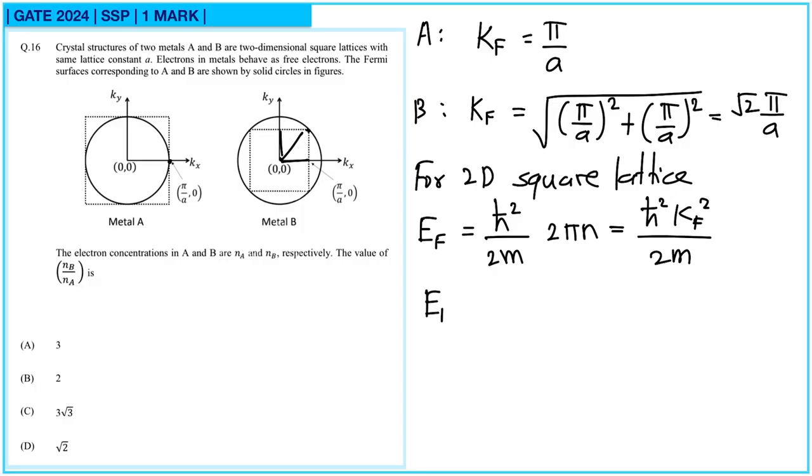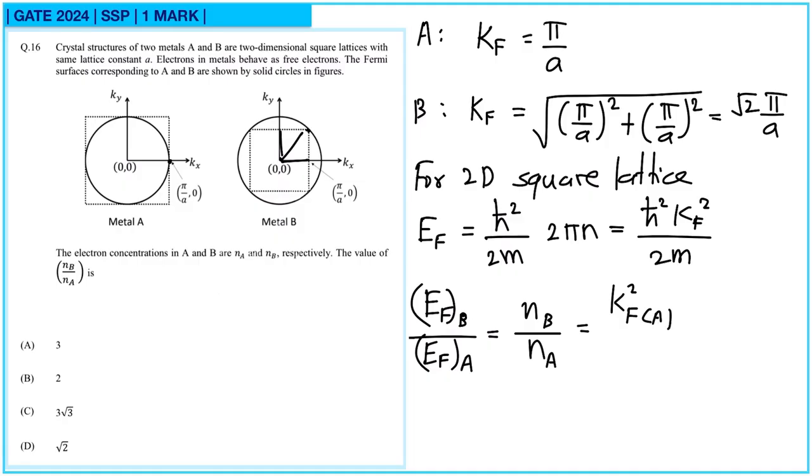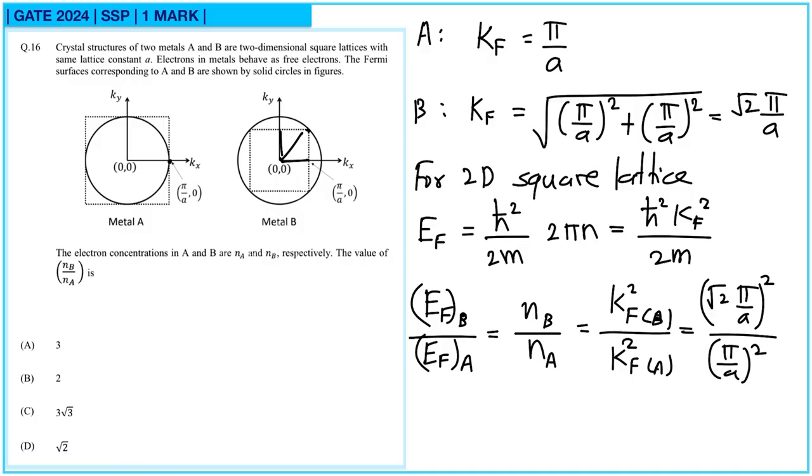That means E_F of B upon E_F of A will be equal to N_B upon N_A, and that will be equal to k_F square of B upon k_F square of A. So for B it will be (root 2 times pi by a) the whole square upon (pi by a) square, and that is equal to 2. So the answer will be 2, option B.